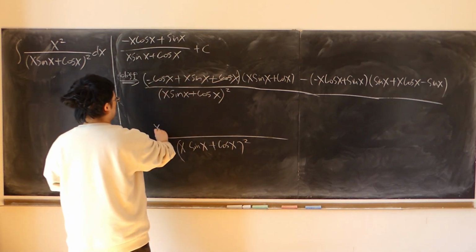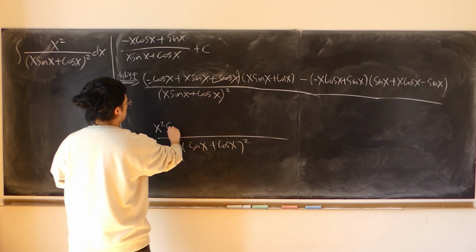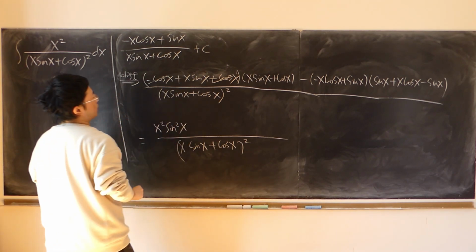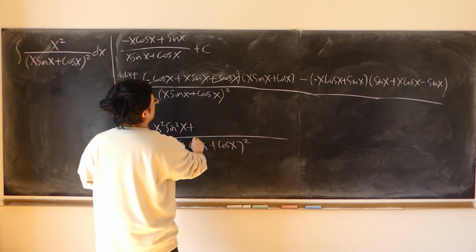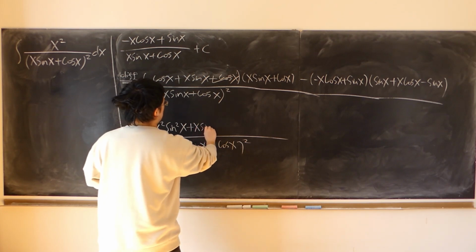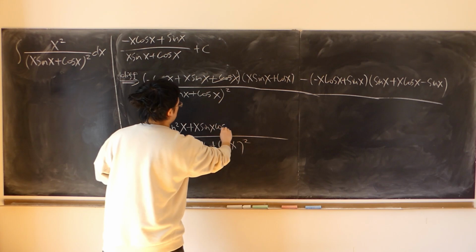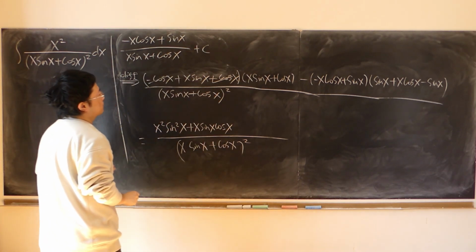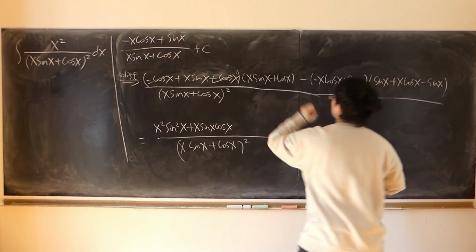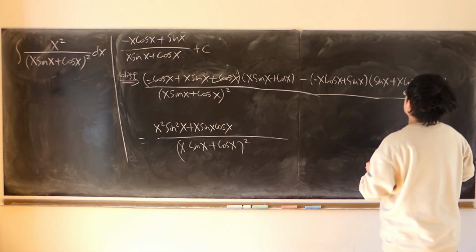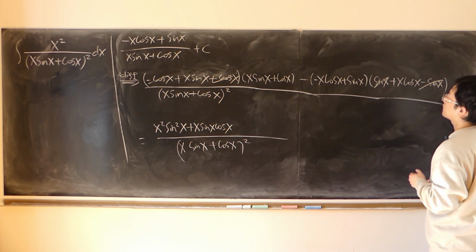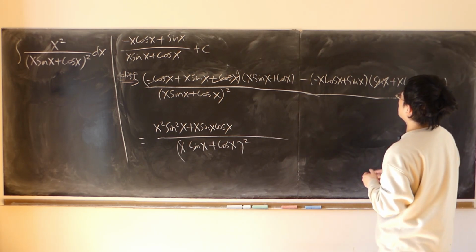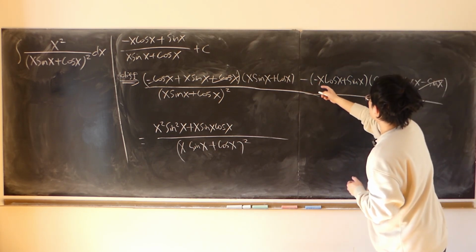So x squared sine squared, then x sine x cosine x. Okay, here, sine x, negative sine x. So there is a negative, negative, here's a positive, positive.